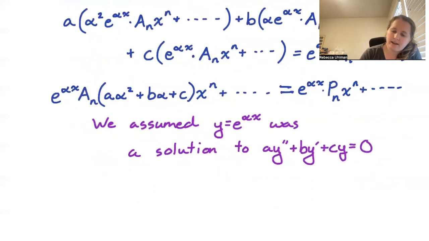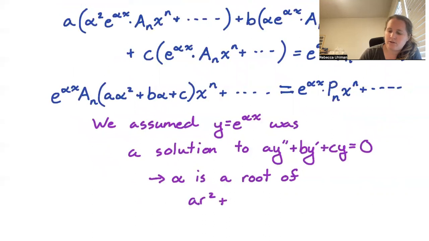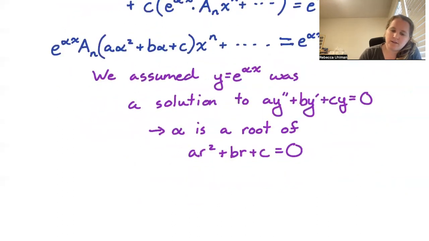What that means then is that alpha is a root of, or a solution to, ar squared plus br plus c equals 0. And so that means that a alpha squared plus b alpha plus c is equal to 0.